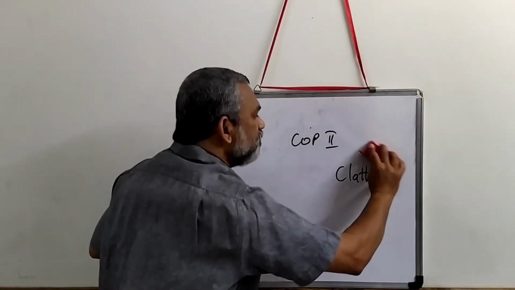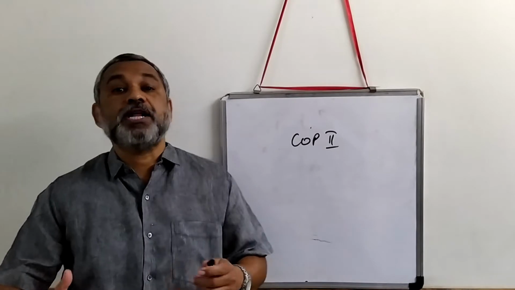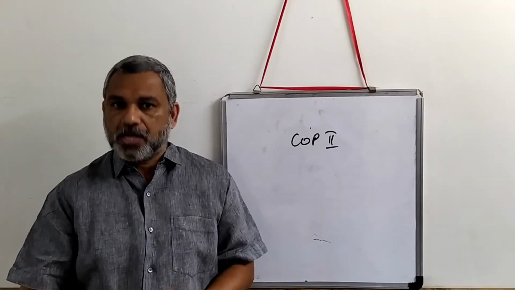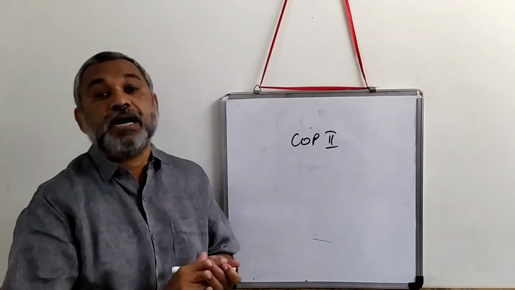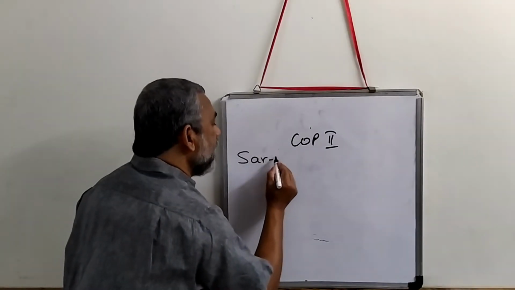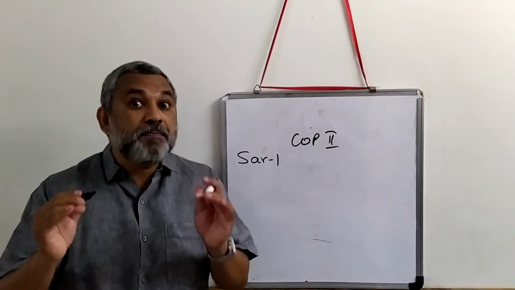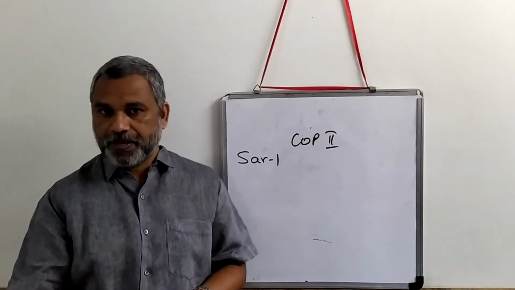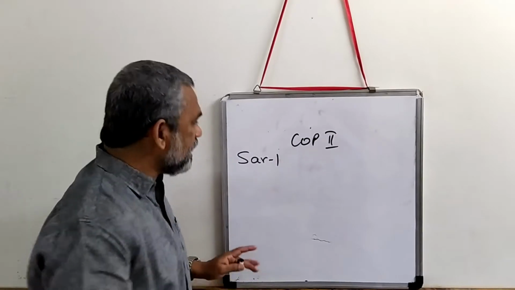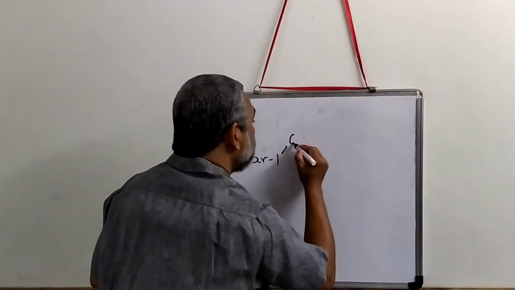Now, all these vesicles require a kind of G protein binding protein. COP2 has a G protein binding protein that is called SAR1. So SAR1 is a G protein binding regulatory protein. Now this SAR1 can bind to GDP.